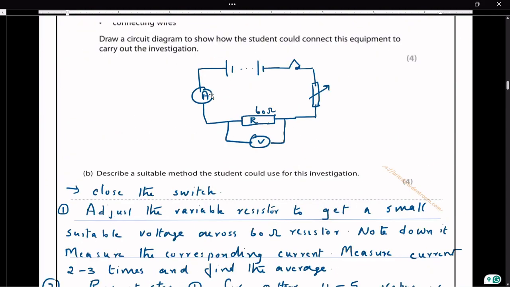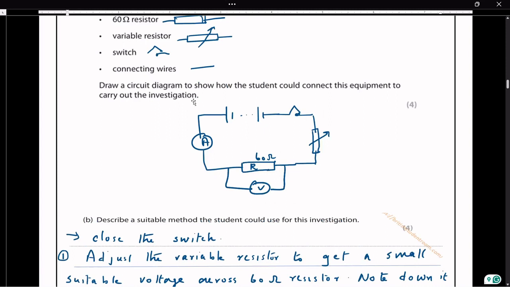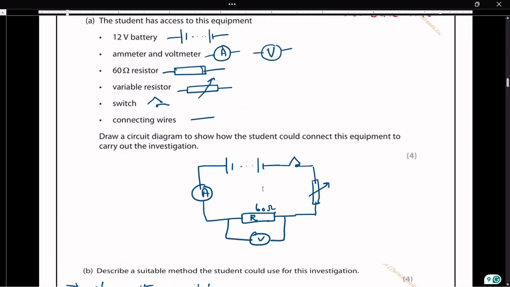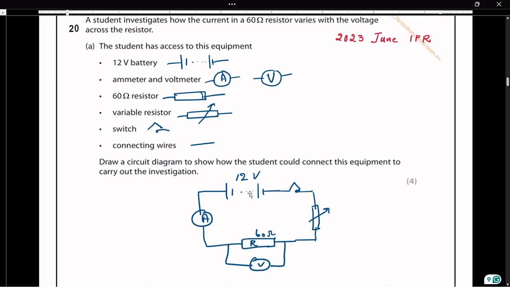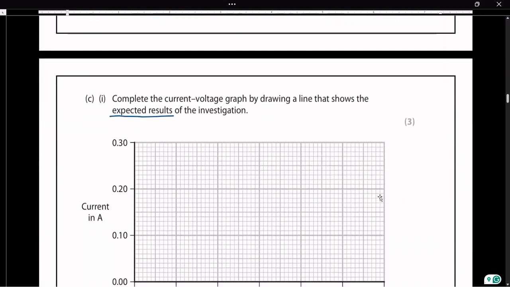As we see here, it's a 12 volt battery and a 60 ohm resistor. Therefore, we can calculate how much current is expected.